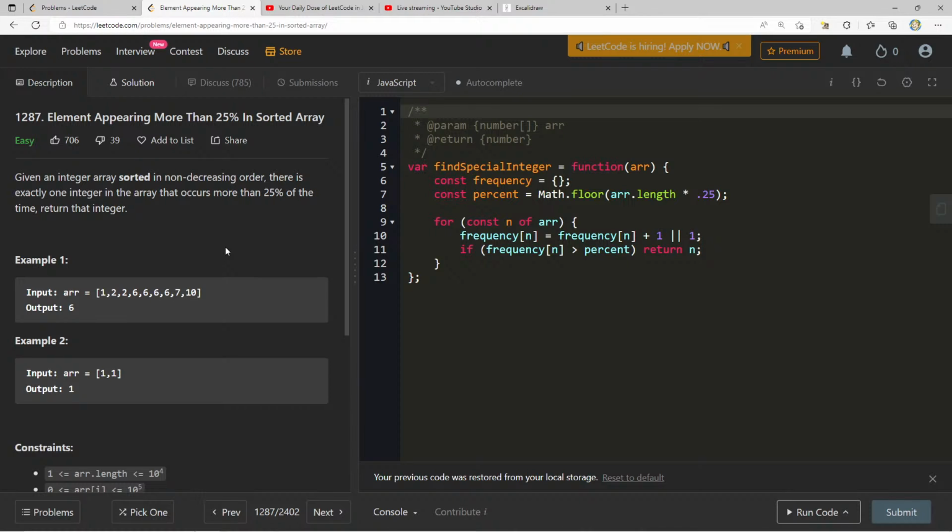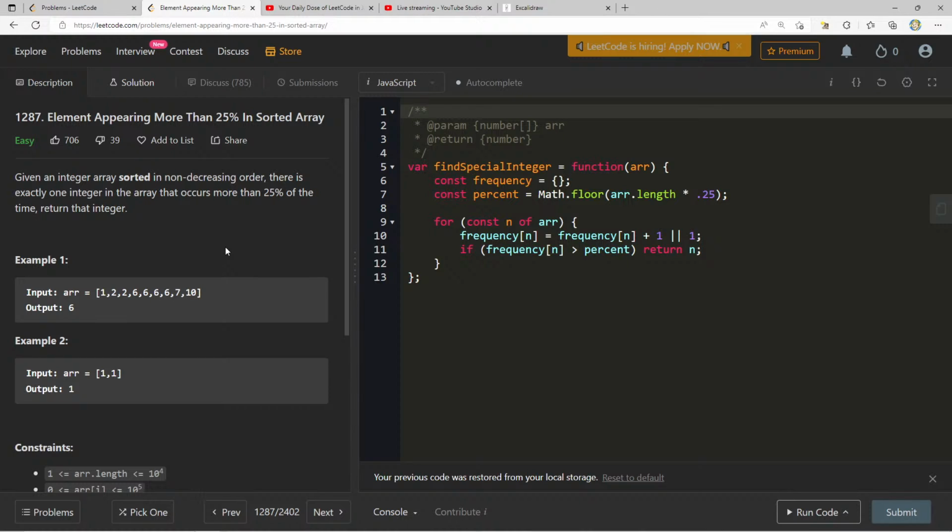More than 25% of the time. What if we move a pointer? It's in sorted order, sorted non-decreasing order.